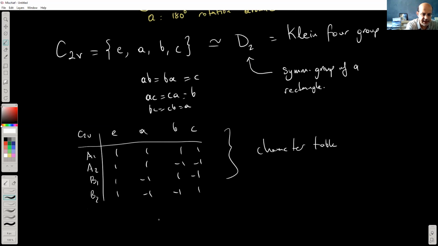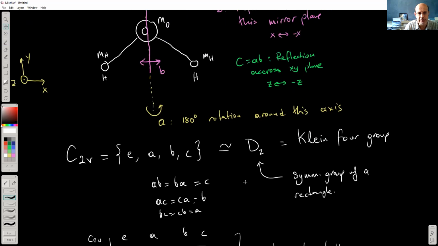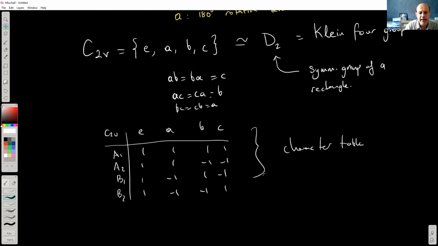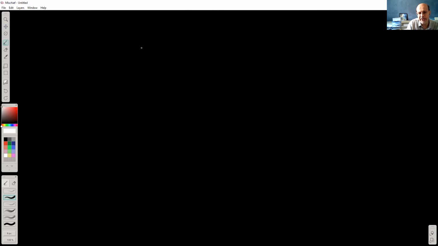In any case, let's go back to the molecule. For the case of vibrations, this is what we do. I'm going to do it like this. That's color gray, so that's the oxygen. These are the hydrogen atoms.